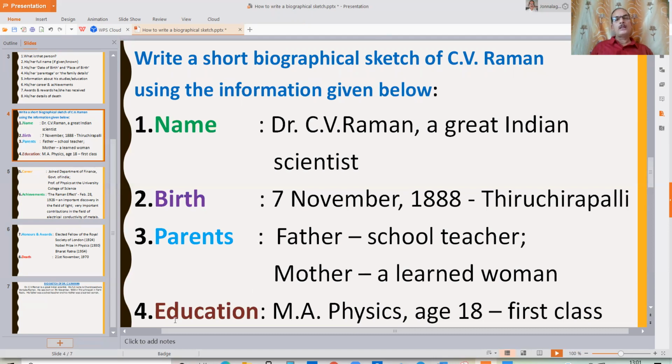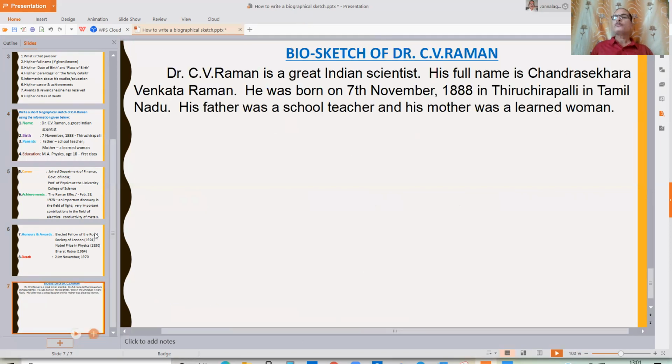Then what is his educational qualification? Next, MA Physics. That means he passed his MA in Physics in the first class. Age 18. That means passing MA in Physics at 18 is actually having a degree at an early age. That's why we can write like this. Here, in the previous sentences, we have mentioned his father and his mother, not Raman.